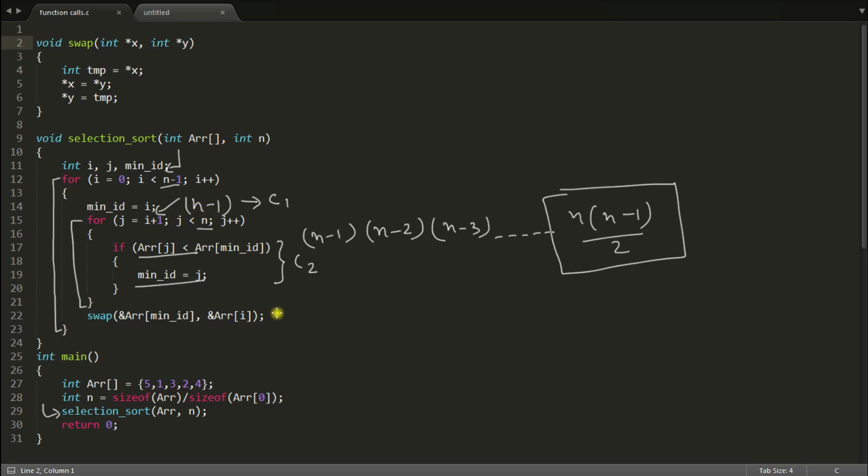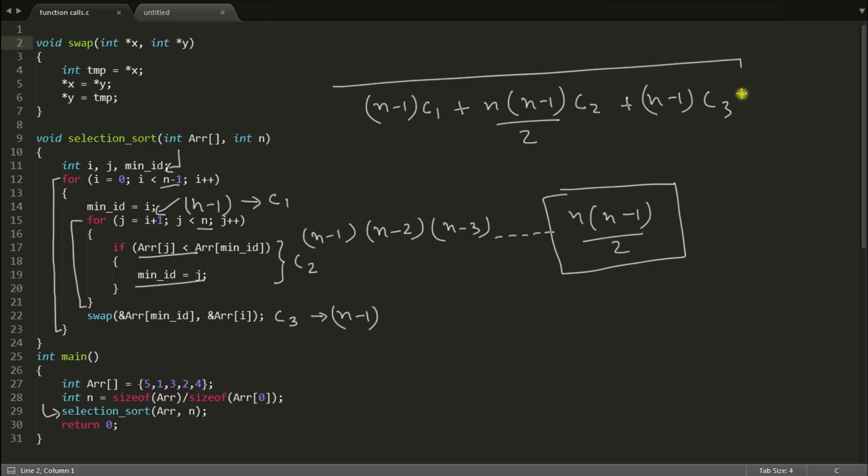So this is, let's suppose, constant c3, and this is also going to execute n minus 1 time. So let's write it in one line here. So this is n minus 1 times c1, because this is going to get executed n minus 1 time, and this one, so plus n into n minus 1 divided by 2, and the constant for this is c2, and this one is plus n minus 1 times c3.